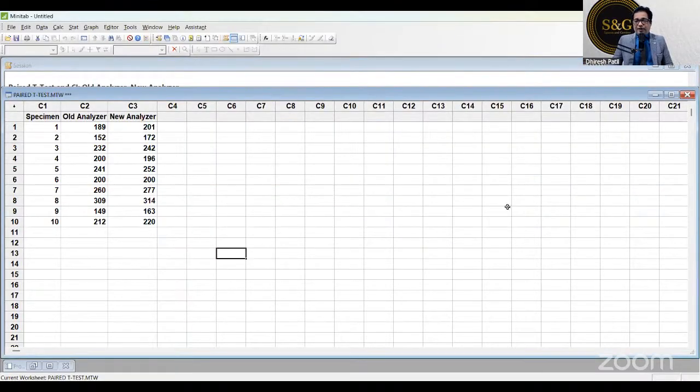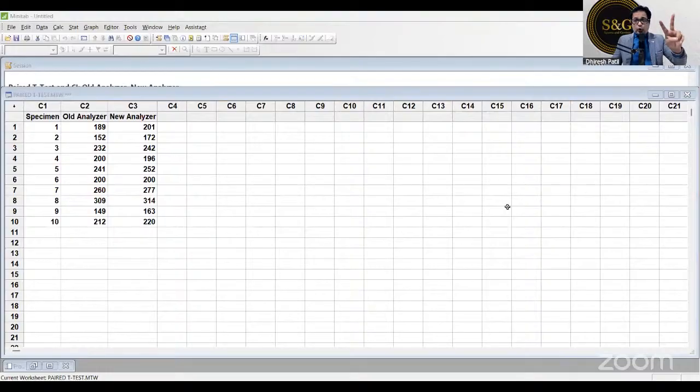Now, let's say you want to compare two samples with each other, we go for two sample t-test. What if we want to compare 3 samples or 4 samples or 5 samples? Then we go for something called ANOVA. Everybody just open this file called ANOVA, and let me quickly open this once again.